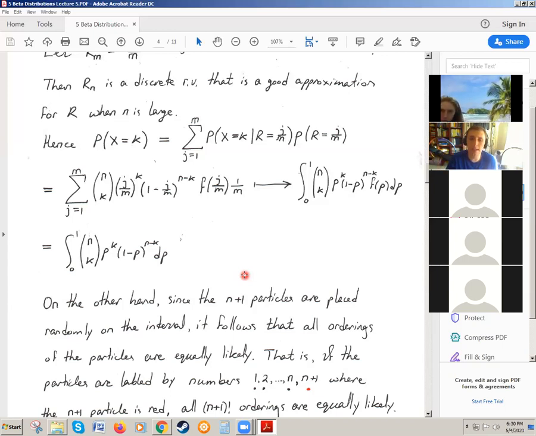Let's begin slowly. What's the probability I see the first particle, then to its right the second, third, fourth? What's the probability I see this particular ordering?